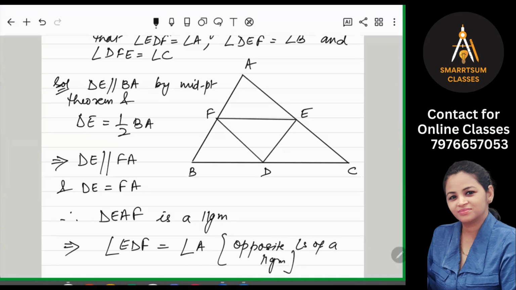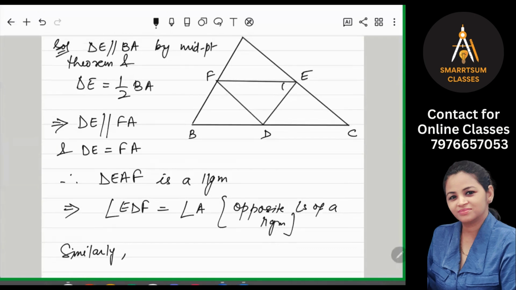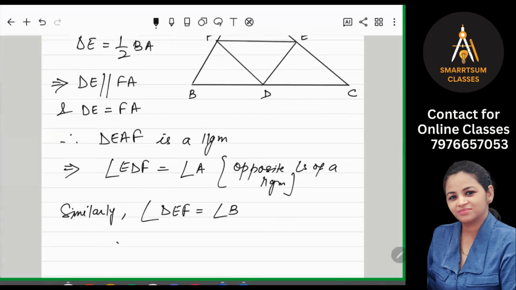So angle EDF will be equal to angle A. Similarly, angle DEF will be equal to angle B. Again, we will prove that DEFB is a parallelogram, and therefore the opposite angles will be equal.